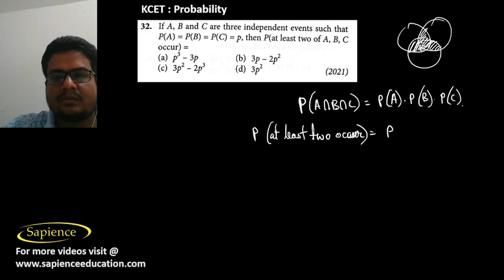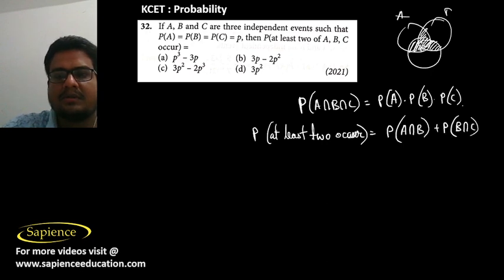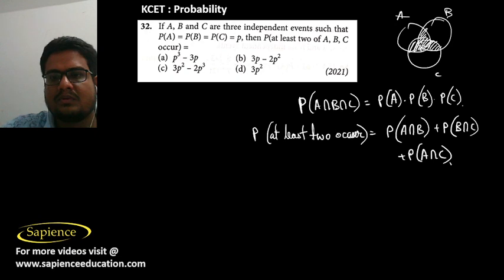So we have to do P of A intersection B plus P of B intersection C plus P of A intersection C. And this part has been counted thrice, so we have to subtract 2 times, minus 2 into probability of A intersection B intersection C.